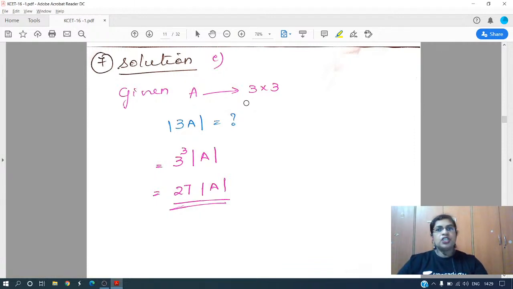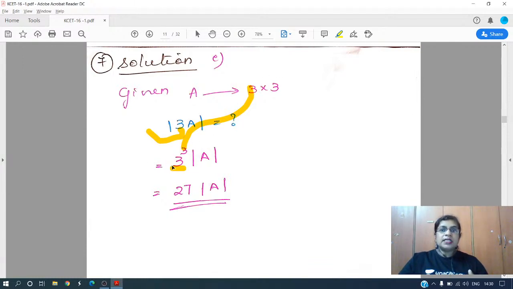Now in this question, the order is 3, and in place of k, here is also 3. So if this 3 has to come out, it has to be written as the power of the order, 3. Don't get mistaken here. This 3 is the scalar 3 written inside the determinant, and this 3 on top is the order 3.